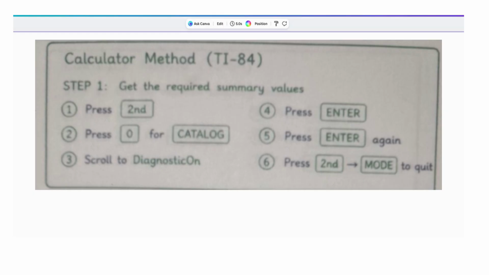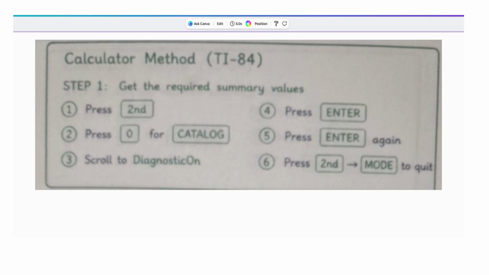Diagnostic on. Spell that out for me. Diagnostic on. Oh, I saw diagnostic off.